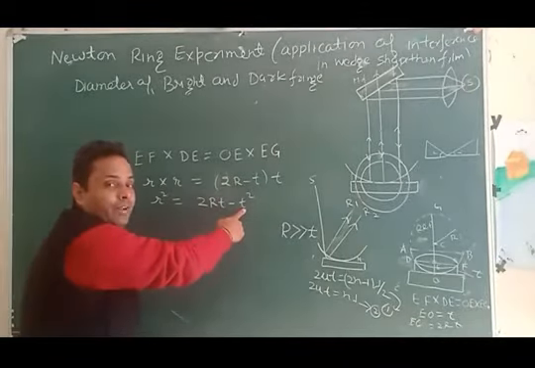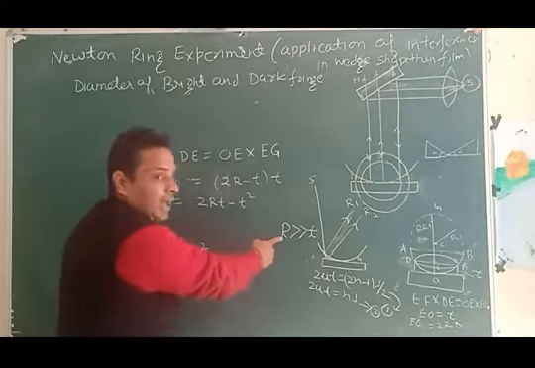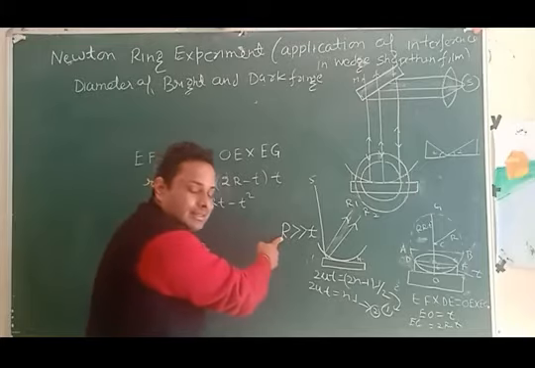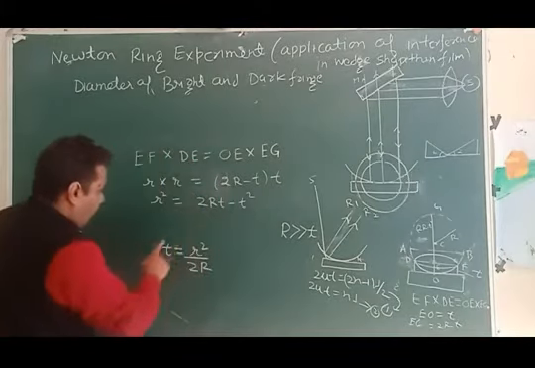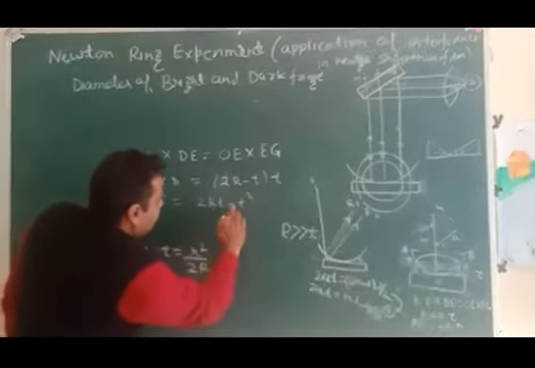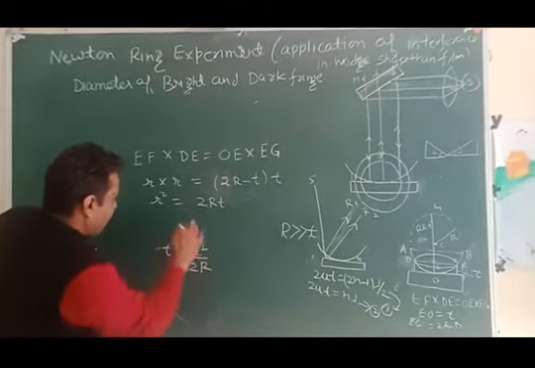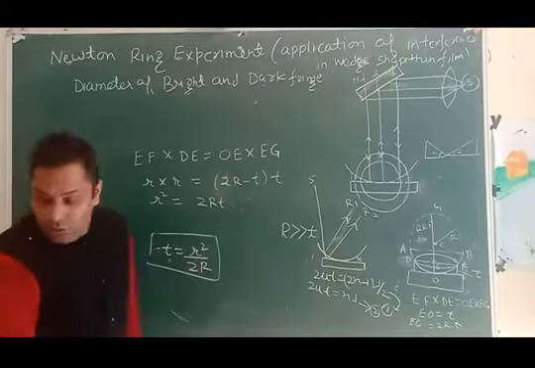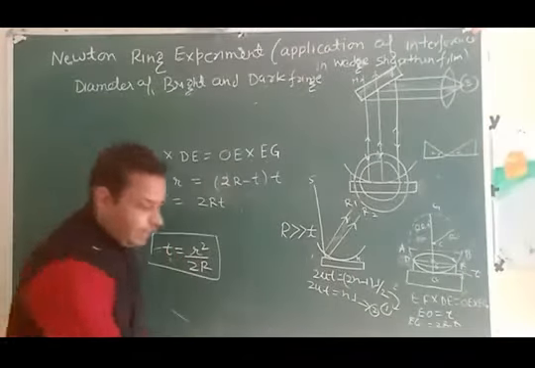Thickness of the thin film is in microns, and R is approximately 90 centimeters. So we can neglect T square, and we see that T is equal to r square upon 2R.